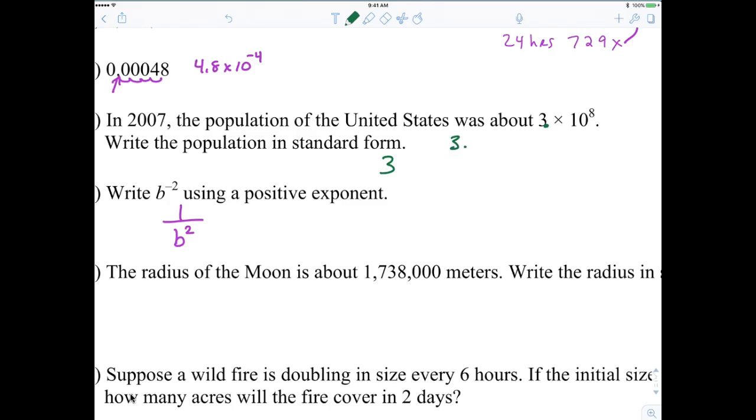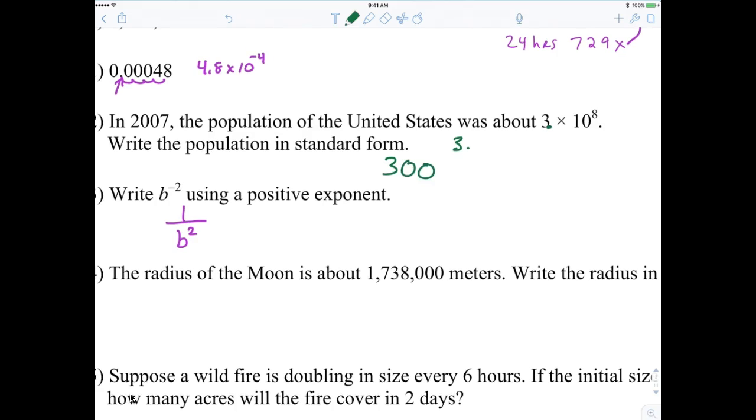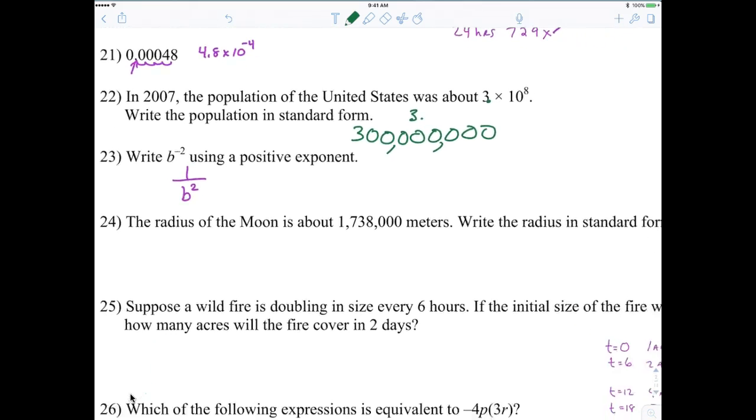So I have to move it how many places? Yes, I need 8 zeros. Do you see that or not, Allison? All right, 8 zeros. So it looks like 300 million. Everybody okay with that?